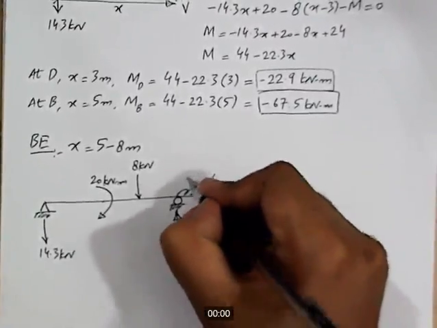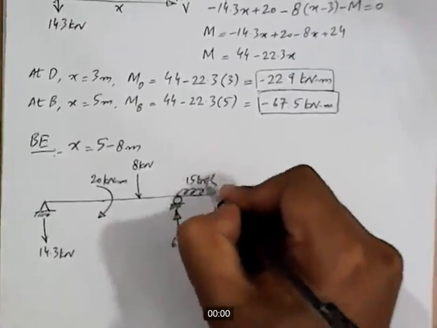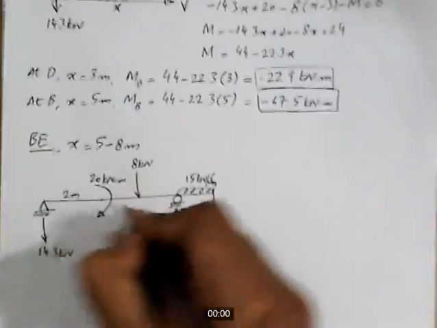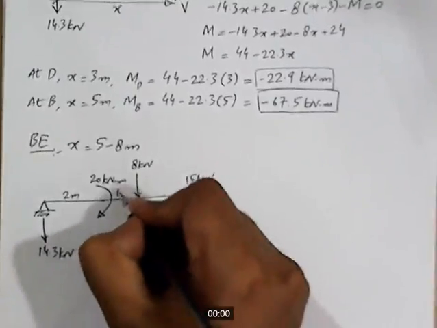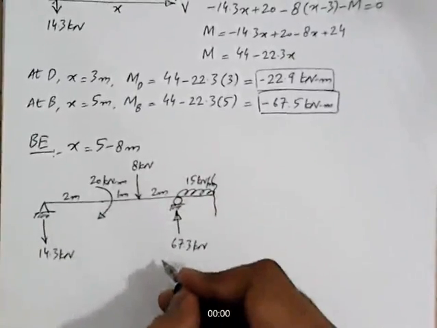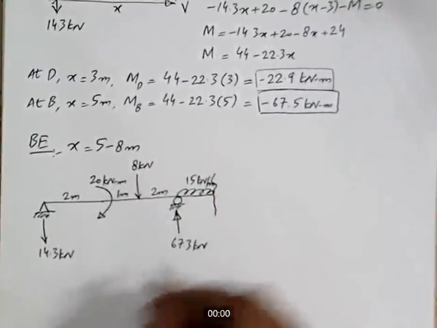Intensity of the UDL is 15 kilonewton per meter. This distance is 2 meters, 1 meter, this is 2 meters. What else?